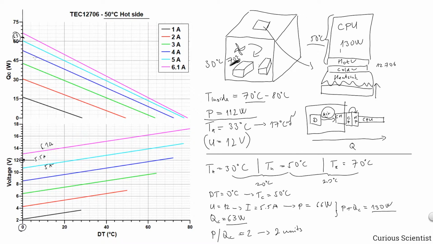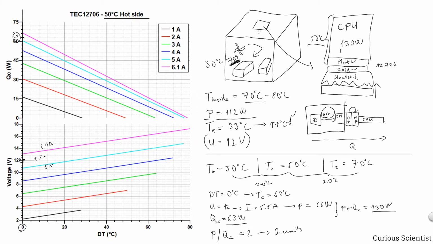So that means that with the previously mentioned parameters, with 1 unit we can provide 63 watts of cooling power. And that is roughly half of the heat that is generated inside the box. So we are almost there.